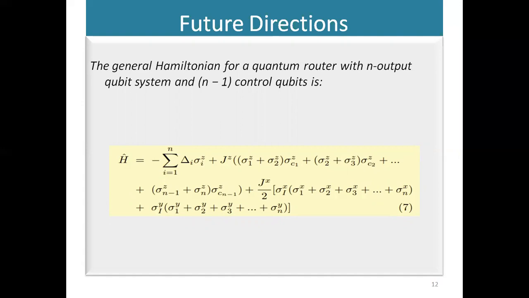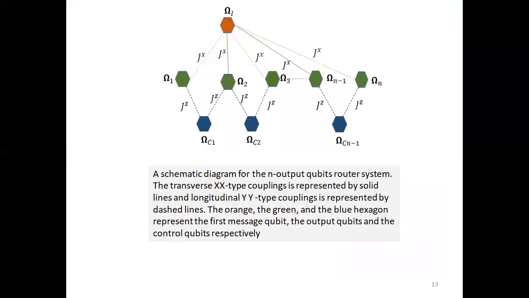Now, when we have a general n output qubit system, the control qubits will be n minus 1, and the Hamiltonian will be like this, which you can see on the screen. Simply, we have to add the terms. We have to include those couplings between different output qubits. So this is the diagram for it.